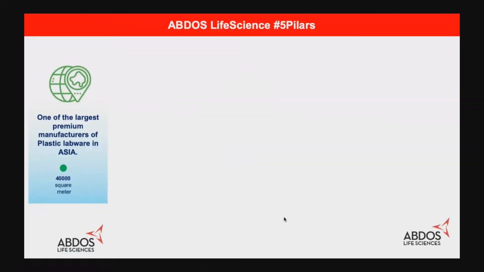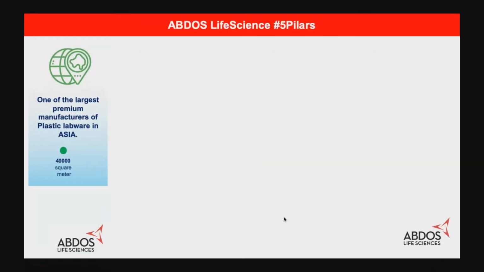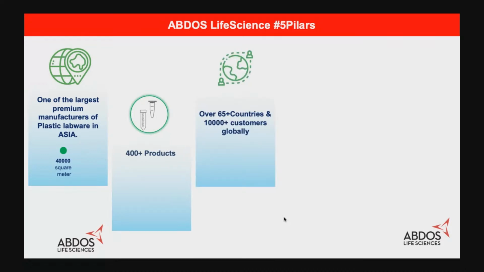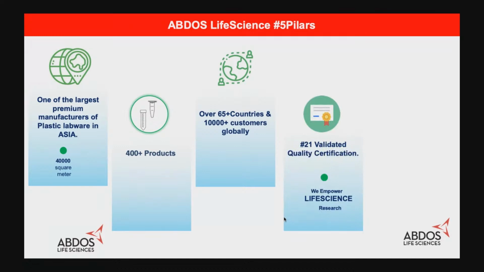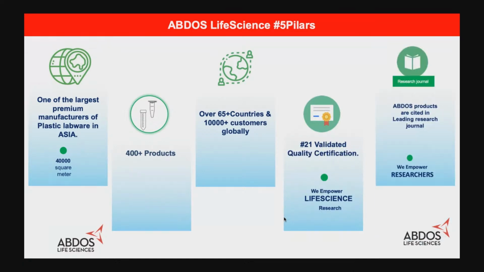These are certain pillars of Abdos. We are one of the largest premium manufacturers of plastic labware in Asia. We have over 400 products in our catalog, and we cater to around 65 countries globally. We have been certified with 21 quality certificates, and all our products are cited in leading research journals.